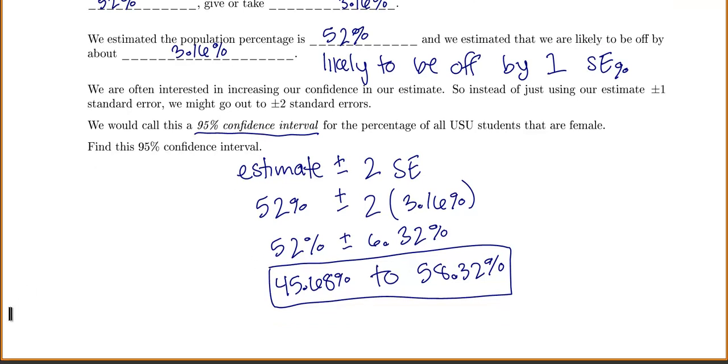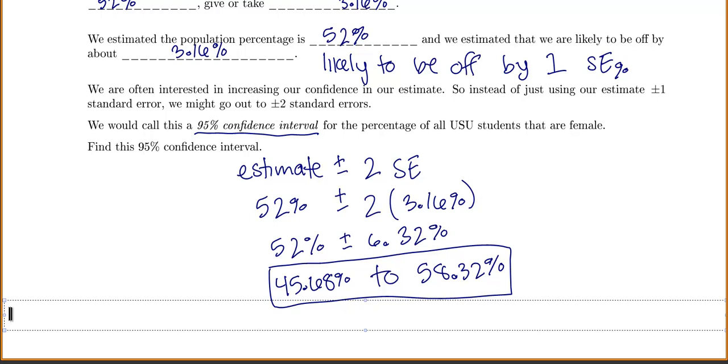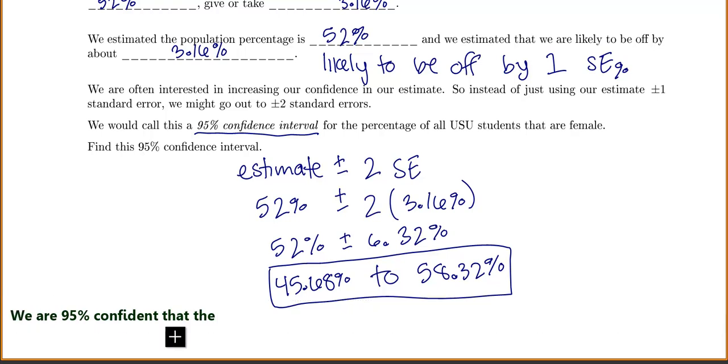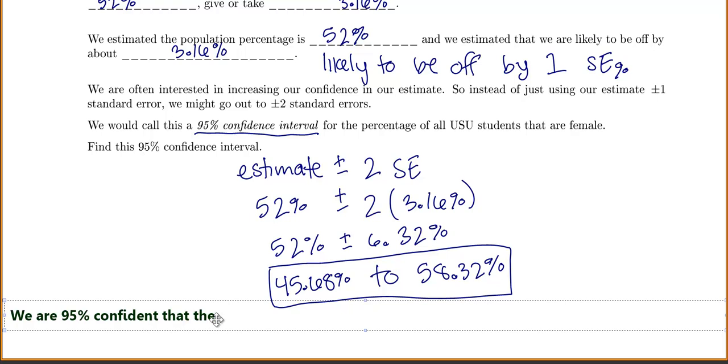Now, what does it actually mean? I'm going to write this down. We're going to write it down many times. This is something you need to memorize, what a confidence interval means. We are 95% confident that the population percentage, or the percentage of all the USU students, and I'm capitalizing that "all" because that's very important, is the population percentage.